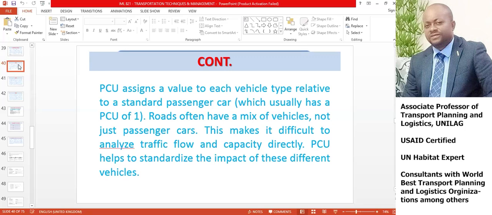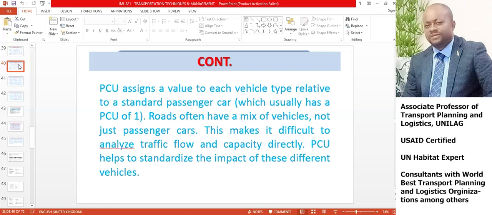PCU means passenger car unit. There are some authorities that could say passenger car equivalents. So for you not to have difficulties in analyzing traffic flow, there is a need for you to take advantage of the conversion. When you do the conversion, it will let us know that volume is not equal to load.